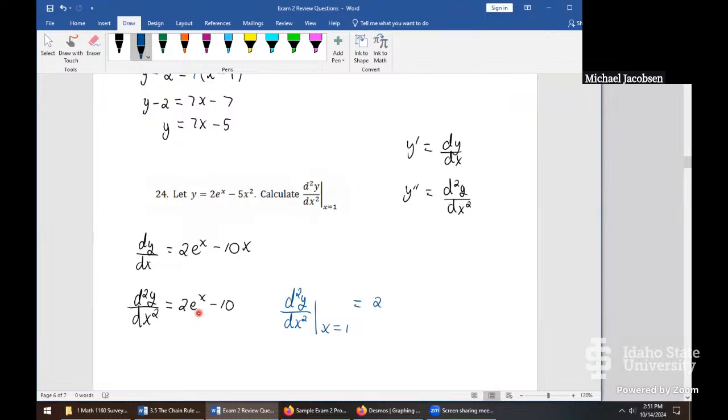So it's 2 e to the power of 1 minus 10. But e is just a number, and e to the 1 is just e, so 2e minus 10. That's where, if you have calculators that you're allowed on the exam, some people put this in the calculator, but it's totally up to you. Any questions for me?